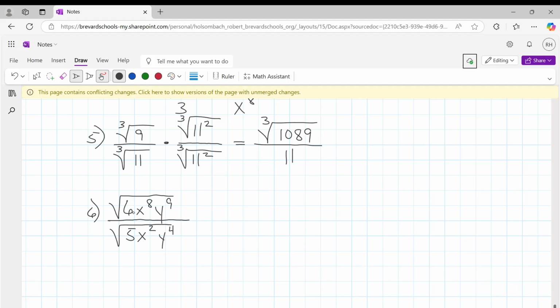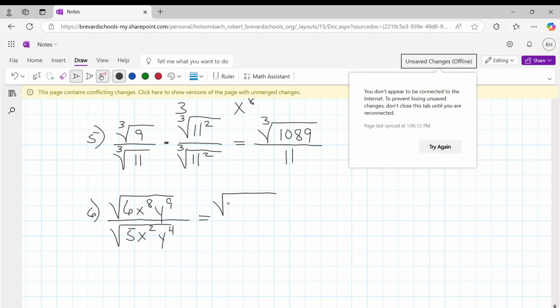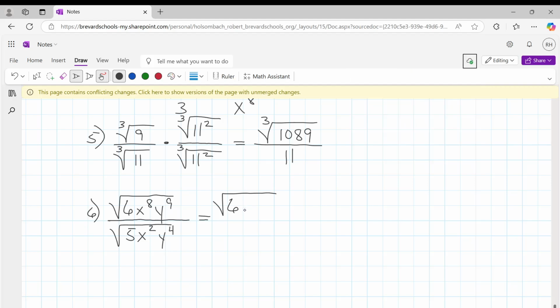So the 5 doesn't go into the 6, but in the numerator, we got a 6. X squared goes into x to the 8th, x to the 6th times. Y to the 4th goes into y to the 9th, y to the 5th times. And it's all still over this square root of 5.